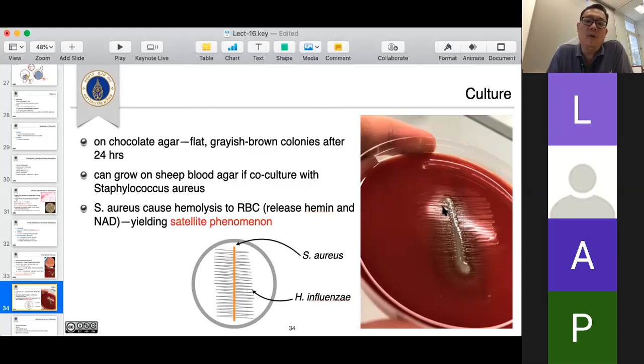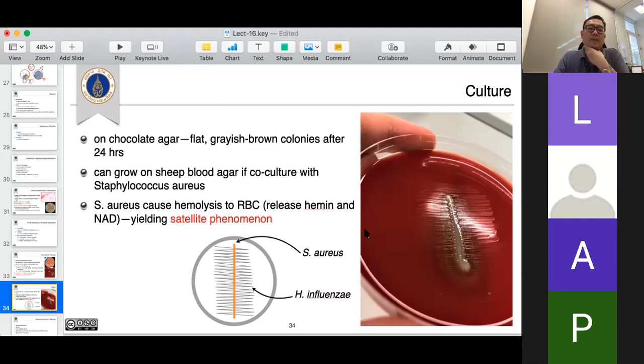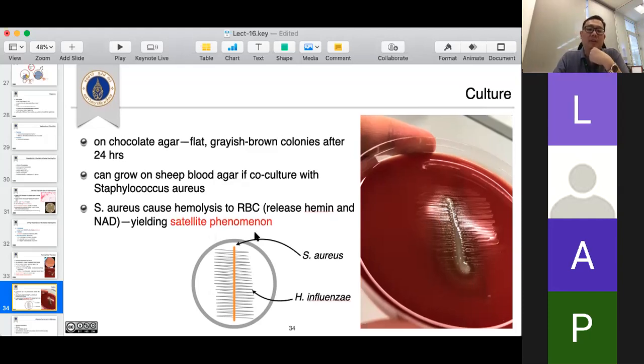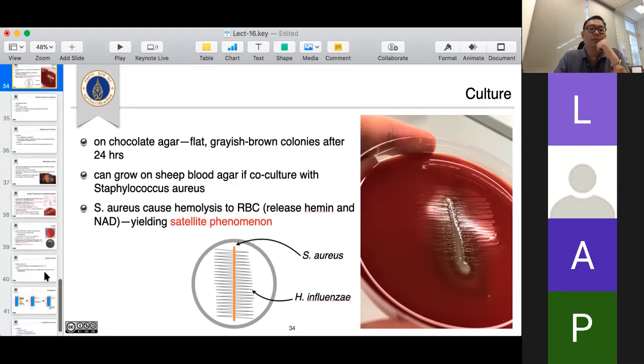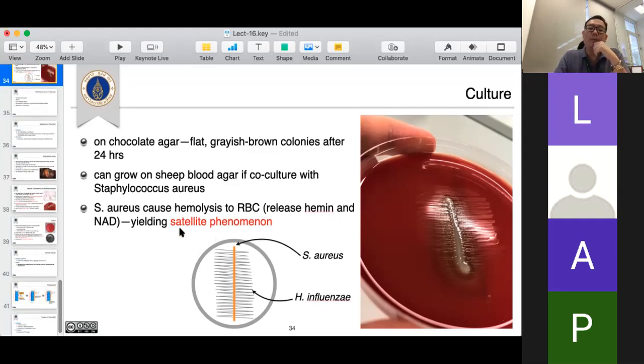The colonies of Haemophilus near Staph aureus are bigger than those further away. So we call this the satellite phenomenon, okay? When we talk about the satellite phenomenon, you probably think about Haemophilus influenzae.